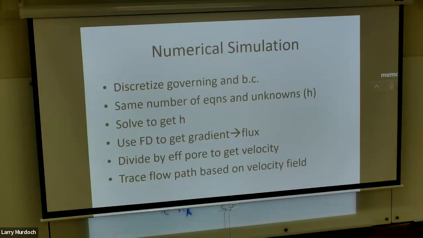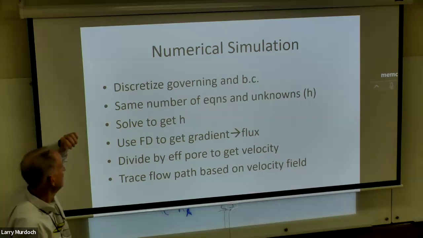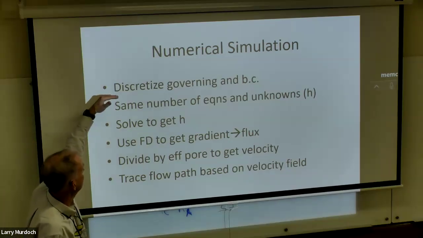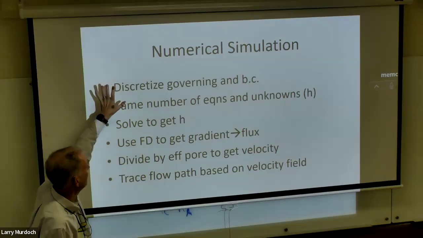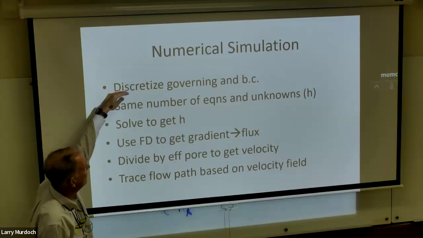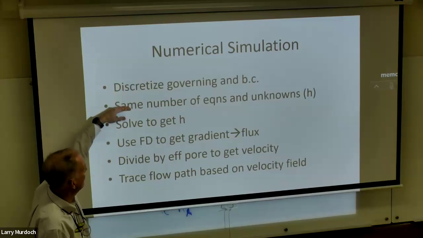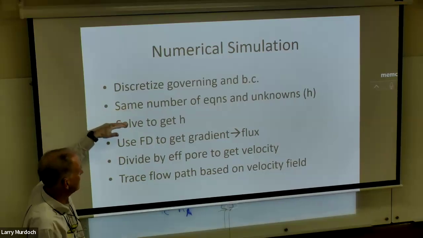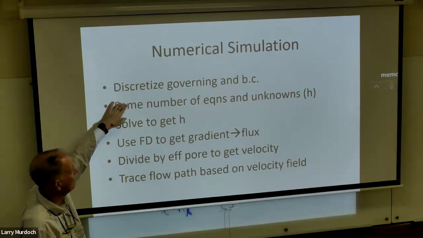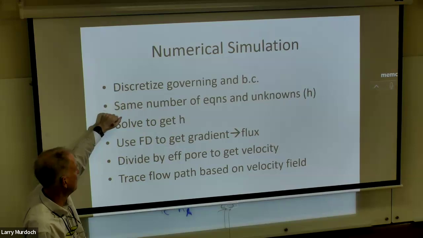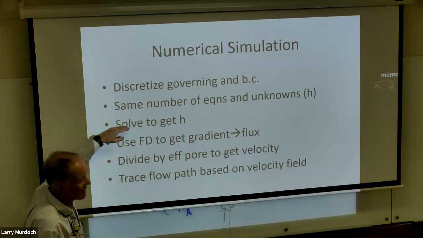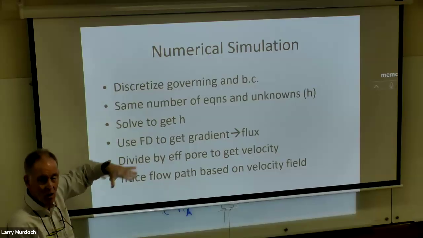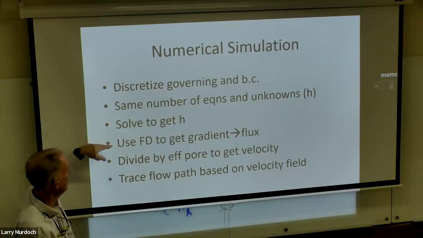Okay, so here's what we're doing. We want to set up a groundwater model. We discretize the governing equation and boundary conditions. We have the same number of equations and unknowns. We need to solve that system of simultaneous equations. We get the hydraulic head at all these points.